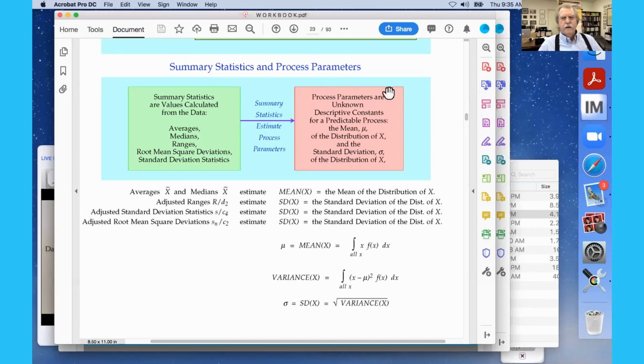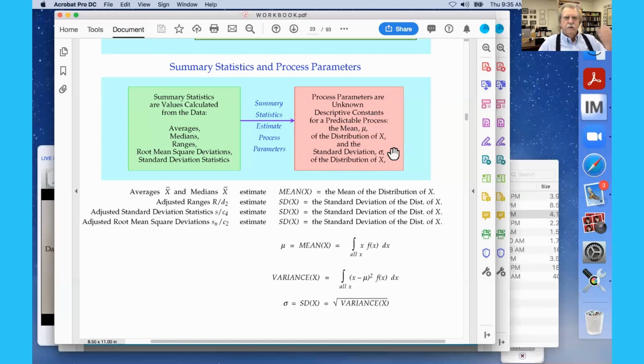On the other hand, parameters are unknown descriptive constants for the characterizations of a predictable process, for the distribution of X. So here on page 23 in the workbook, the mean of the distribution for X and the standard deviation for the distribution of X, and the convention here is Greek letters, mu and sigma.